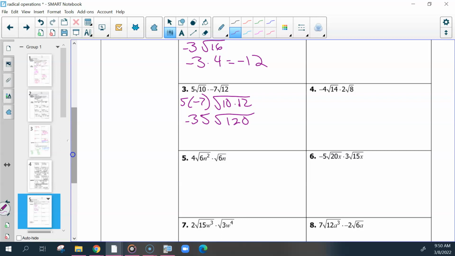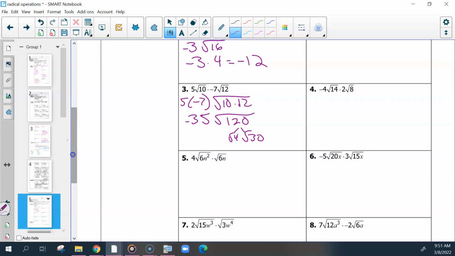No, this is not a perfect square, but we can divide out the highest perfect square that goes into this, which is what? 4. 4 and what give you 120? 30. Can we break down 30 more? Yes, we can, but it doesn't break down to have a perfect square.